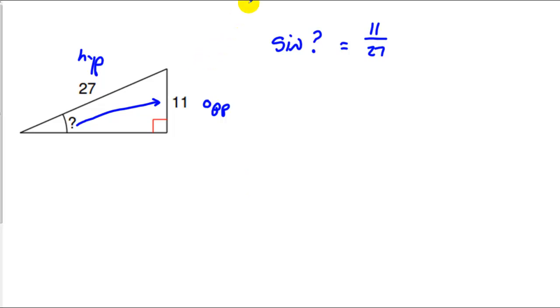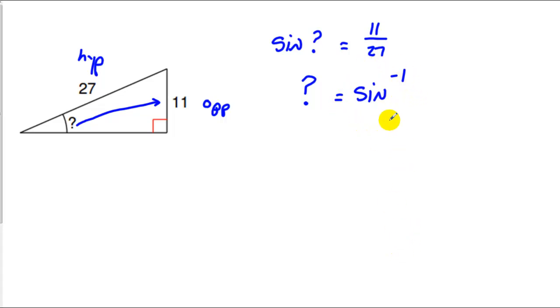Now, unfortunately, sine is not a number. It's kind of like a square root, so you can't really divide or multiply by sine, even though it looks like it's being multiplied. So we have to undo that. When we have a square root, we'd square both sides. And we do something similar to this. We do what's called take the inverse of both sides. So if I want to get sine by itself, we take the inverse of the sine.